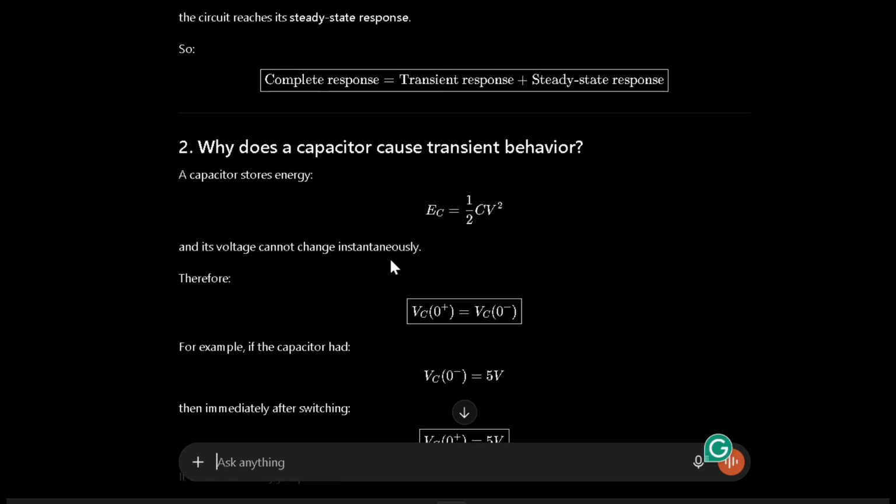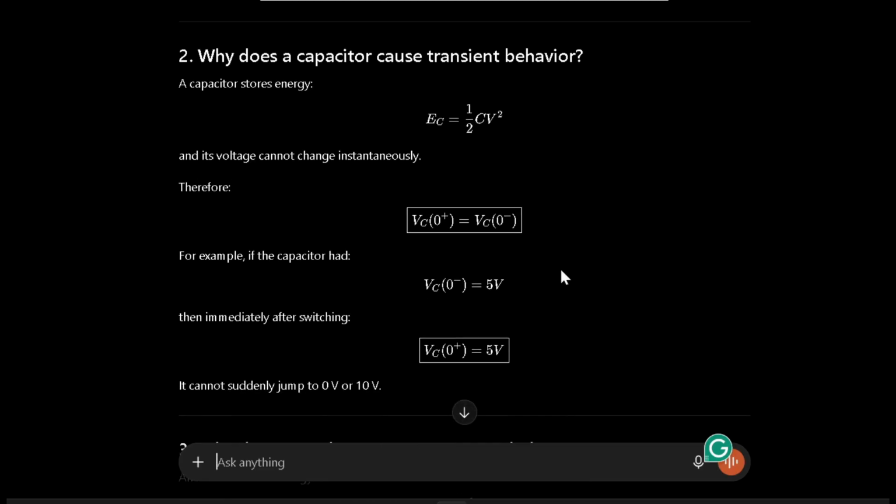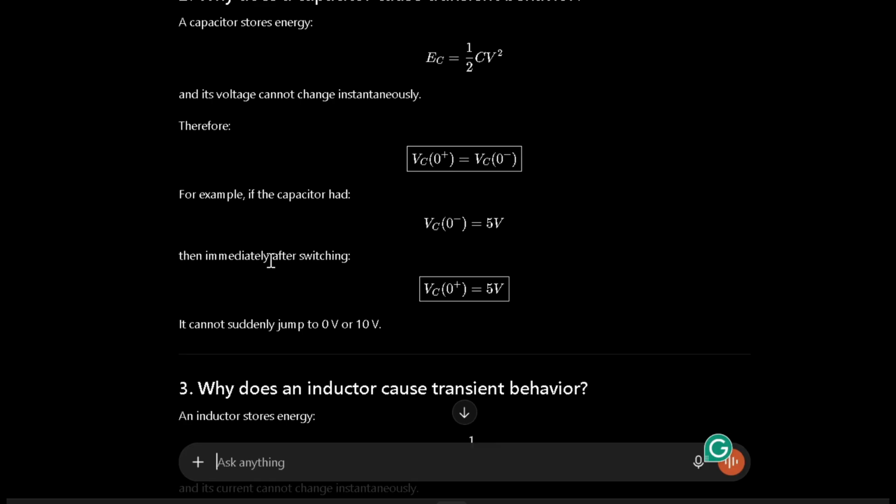Why does a capacitor cause a transient behavior? A capacitor stores energy equal to half C V squared, which is the energy definition of a capacitor, and therefore Vc at 0 plus equals Vc at 0 minus. For example, if the capacitor had V at 0 minus equal to 5 volts, then immediately after switching, V at 0 plus equals 5 volts. This is before switching, this is after switching.